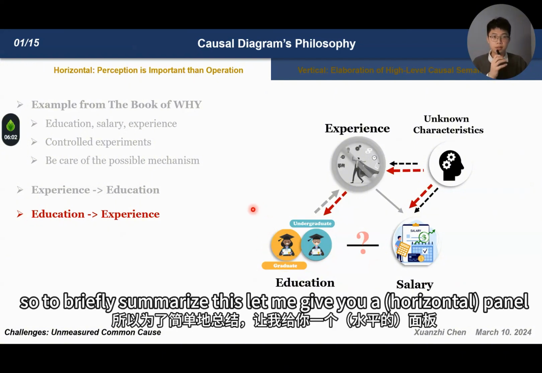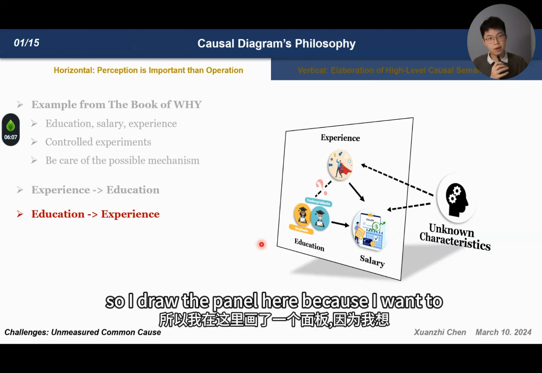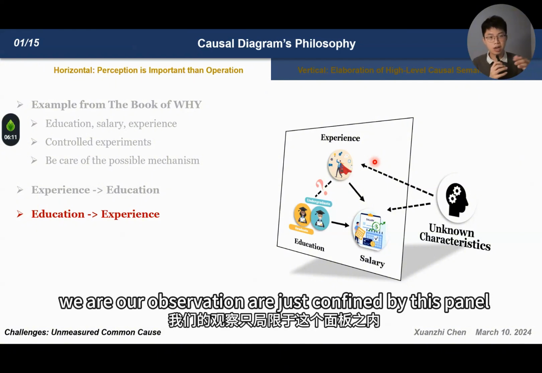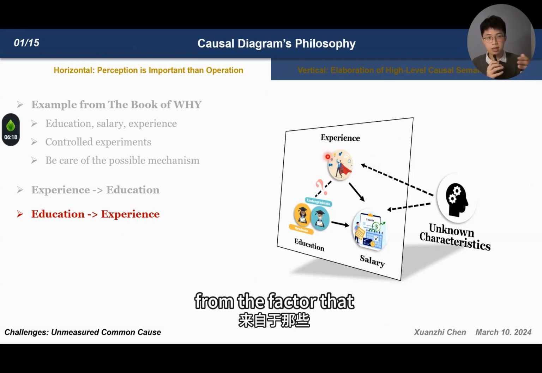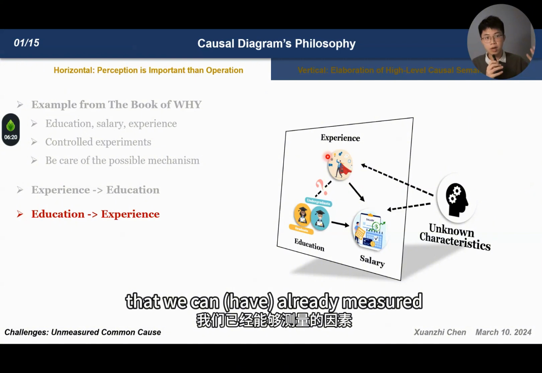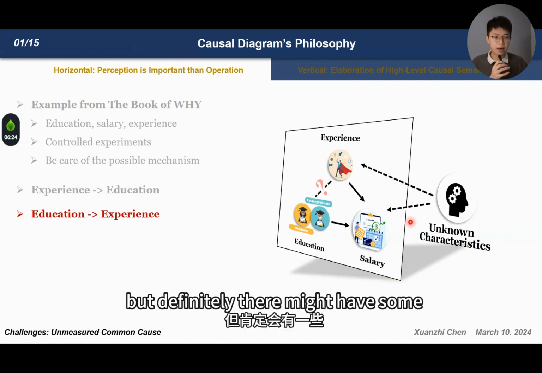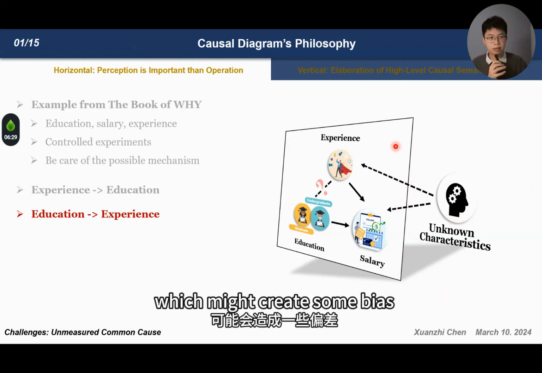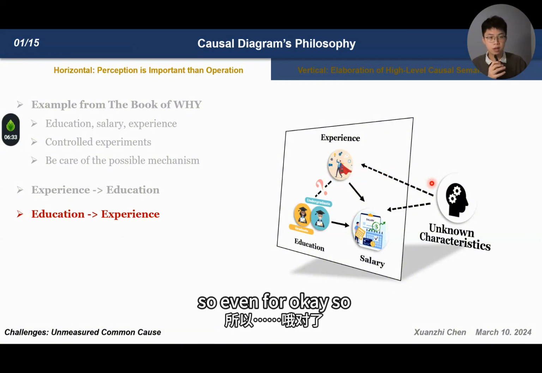To briefly summarize this, let me give you a panel. I draw the panel here because I want to illustrate this. Just like our observations are confined by this panel, we can only collect data from the factors that we can already measure, but definitely there might be some unknown characteristics outside the panel, which might create some bias while we're doing experiments.